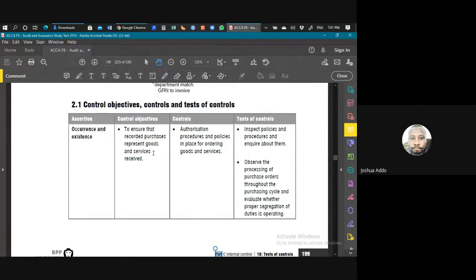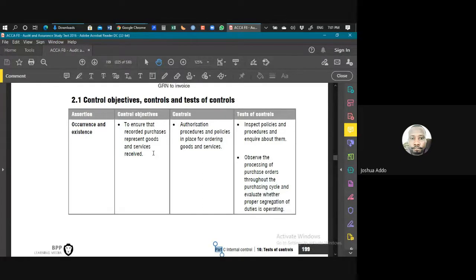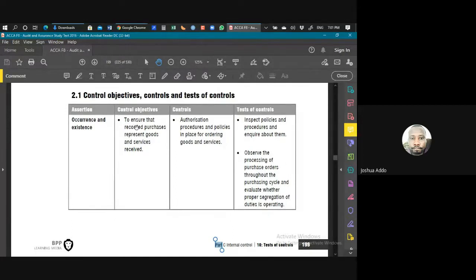So if we don't want that to happen, what controls would we set up? We have to set up a lot of controls. And of course, this objective is against the assertion called occurrence and existence. All purchases we have recorded have occurred and they actually exist. So we have to set up controls to achieve this kind of objective.